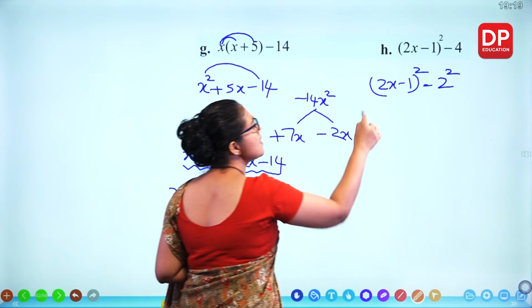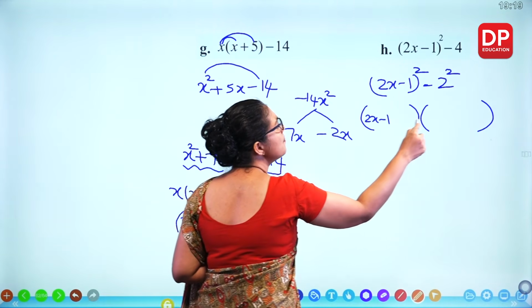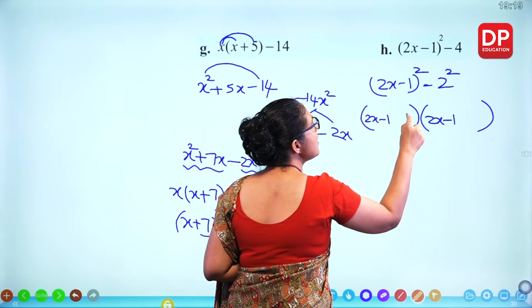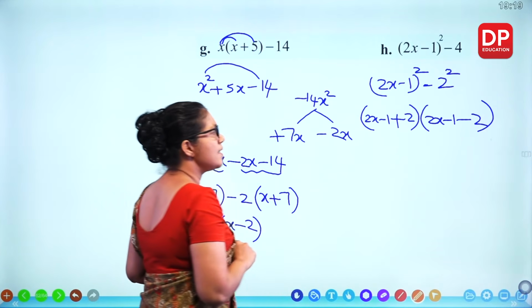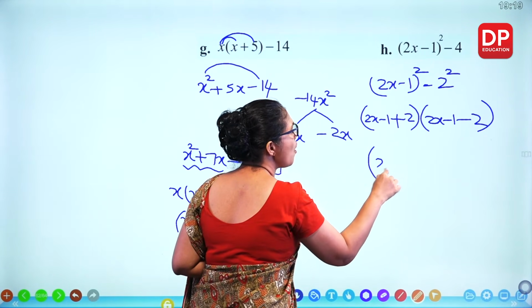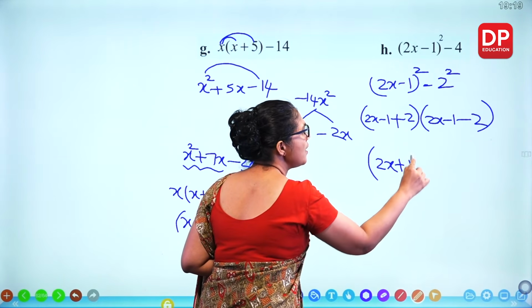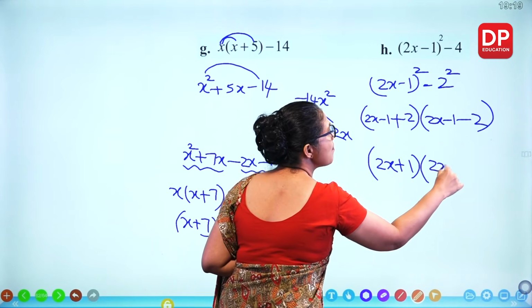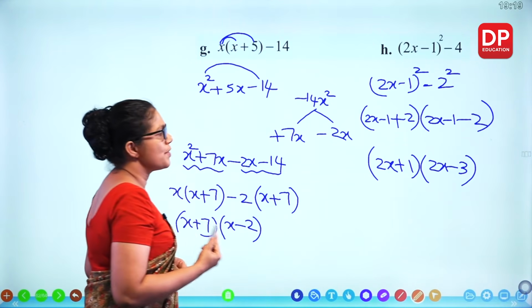Now we can straight away apply the formula. Write down the first term, write down the last term. One is positive, one is negative. Now you can simplify. So what's the simplified form? You get 2x, 2 minus 1 is plus 1, 2x and minus 1 minus 2 becomes minus 3.